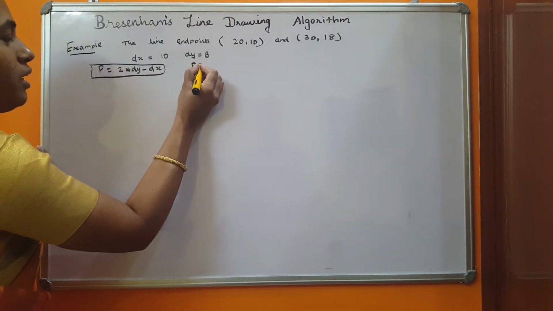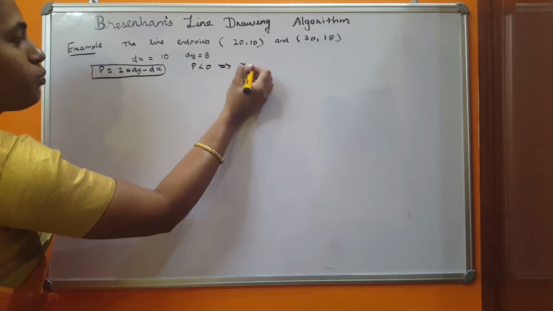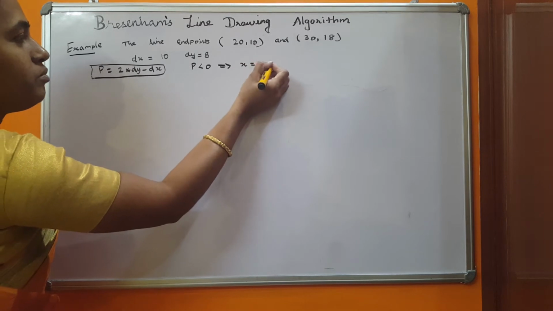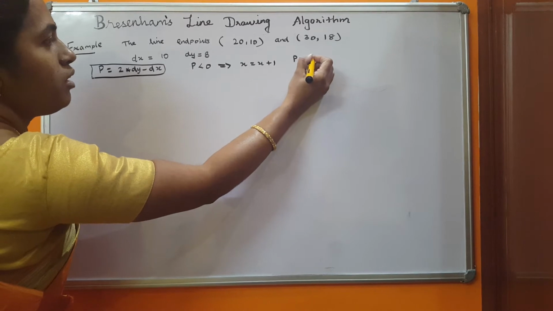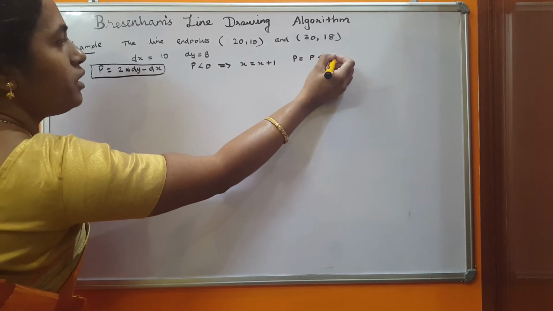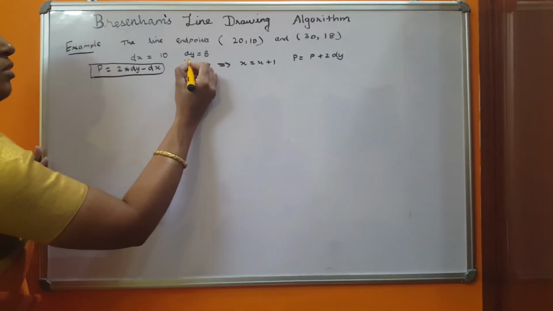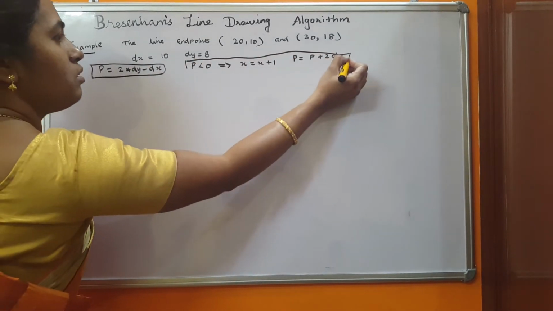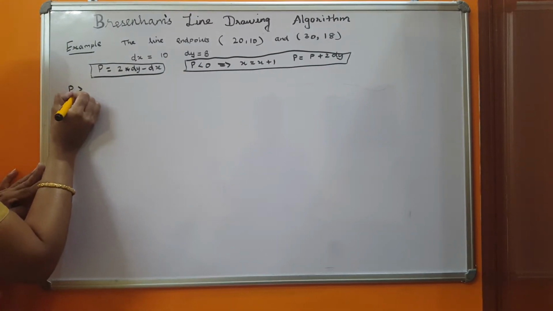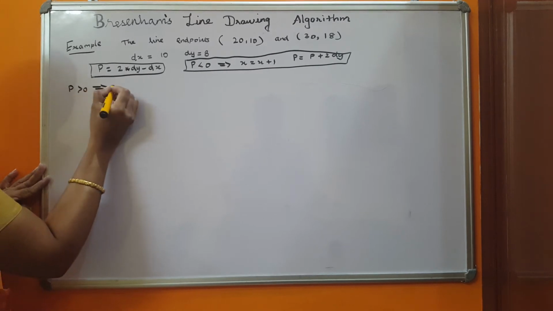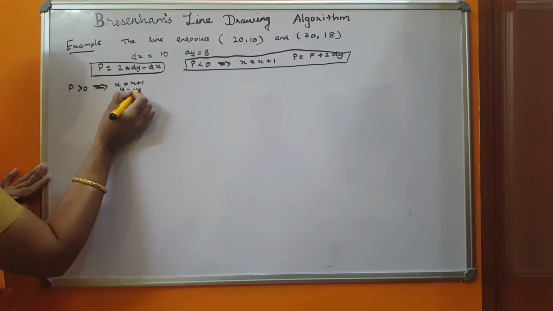Suppose p less than 0, this condition x only incremented. New decision parameter p equal to p plus 2 dy. Suppose p greater than 0, where x incremented, then y also incremented.